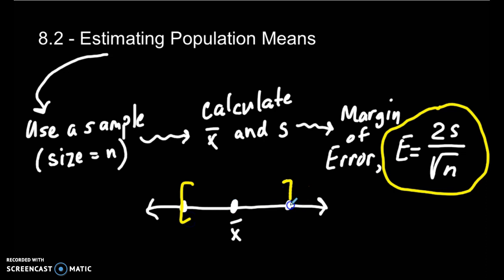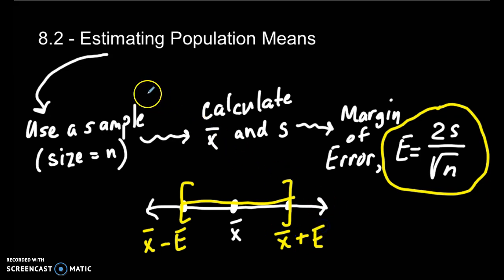This range is going to be X bar minus E to X bar plus E. So using my sample, I can get this range, and I'm hoping that my population mean is going to live here.